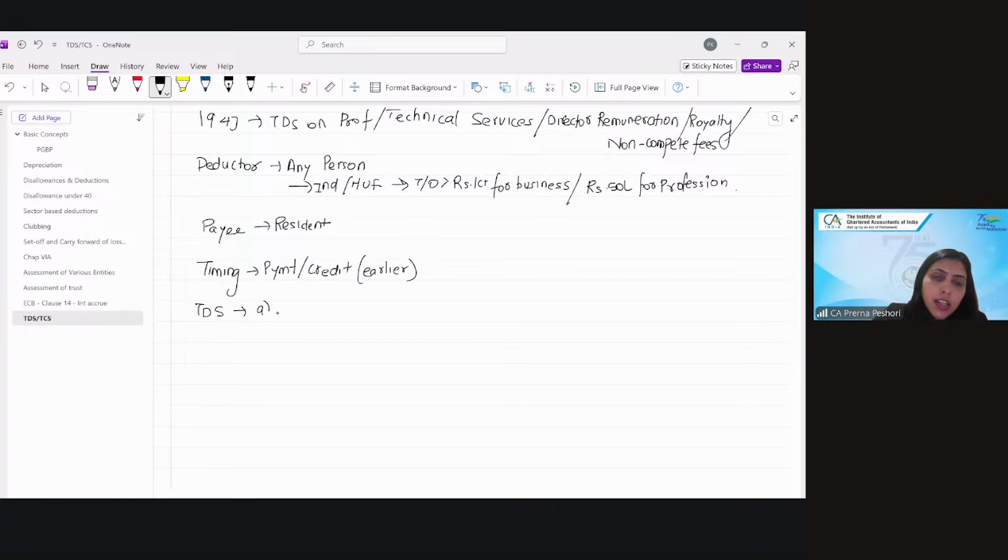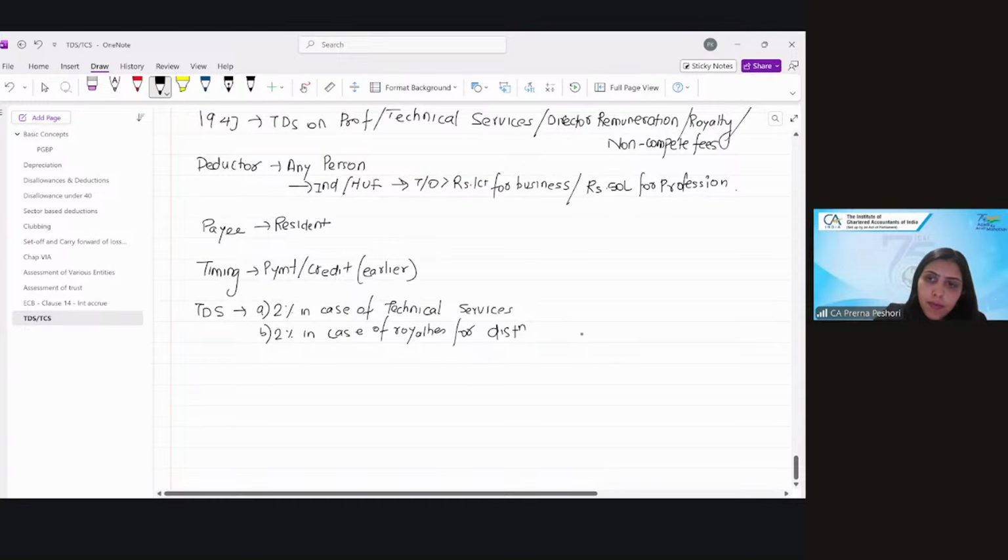My TDS is 2% in case of technical services, then 2% in case of royalties for the sale, distribution or exhibition of cinematographic film, and 10% for other cases.